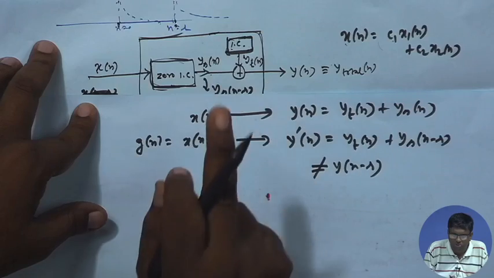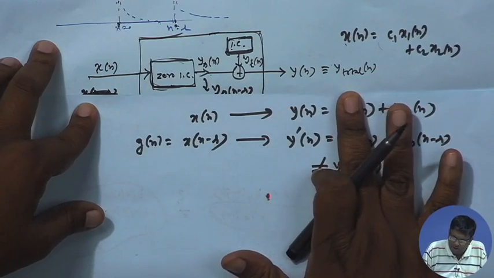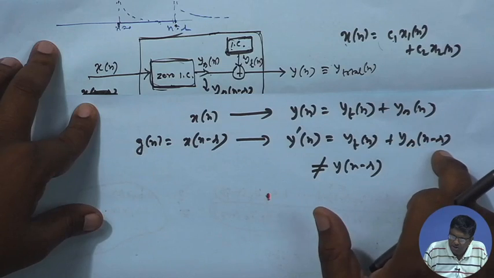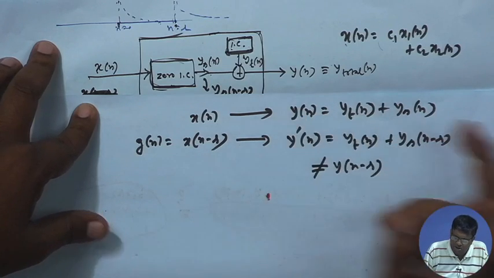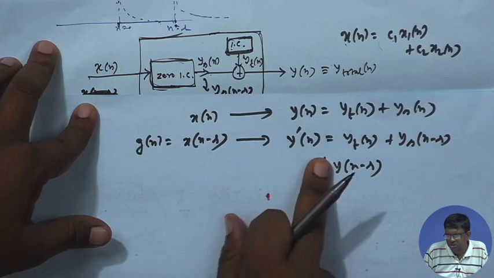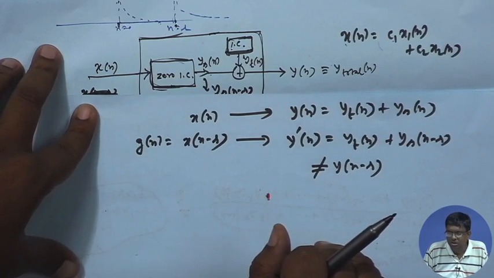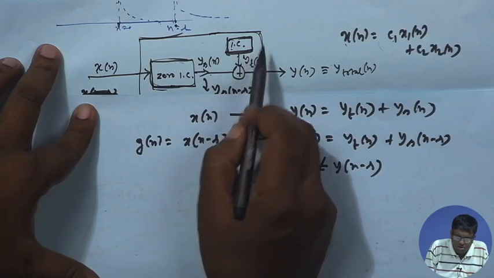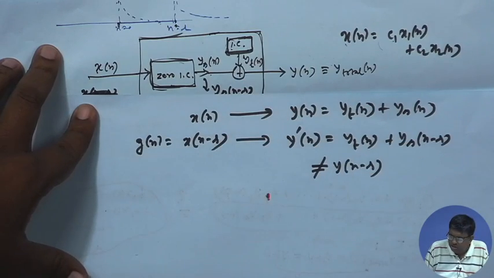So no y_t will be formed. If this is absent, y[n] is y_s[n], and y'[n] will be y_s[n minus r], which means y'[n] will be equal to y[n minus r]. So then it will be shift invariant. But as long as there are non-zero initial conditions, the overall system will not be shift invariant.